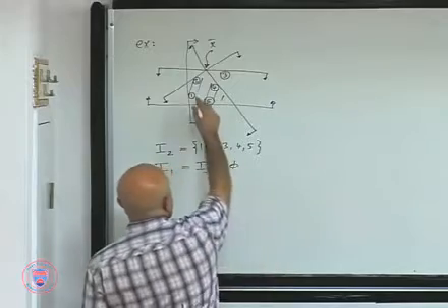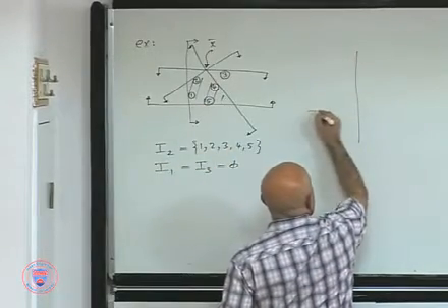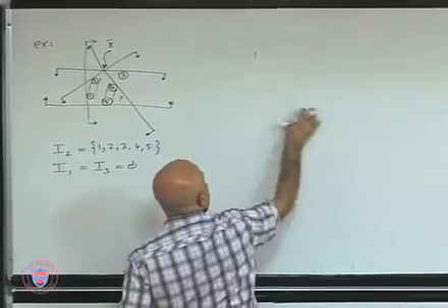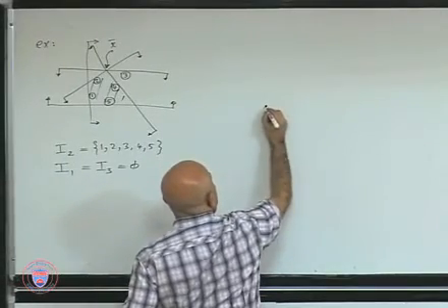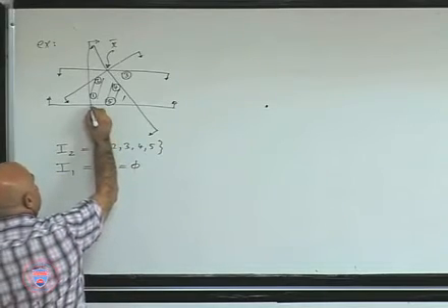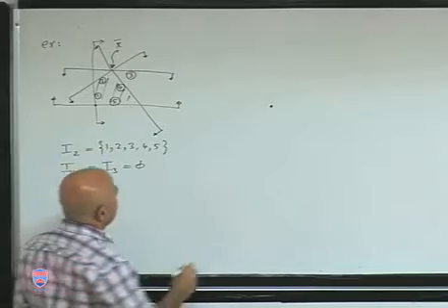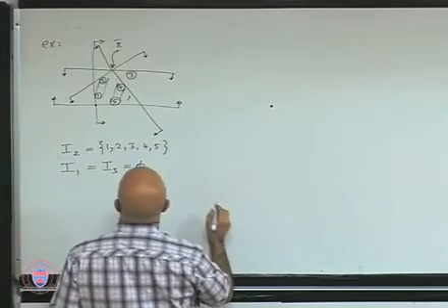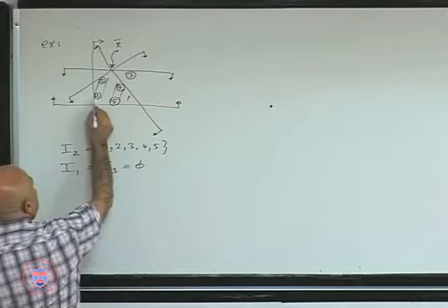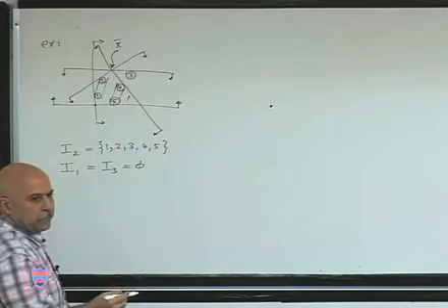Now, if you plot the AIs for this system, I'm going to erase these lines because they may confuse you. Let's just pick the origin, which is this point actually. At the origin, A1, which is the normal for this number 1 constraint, points this way.